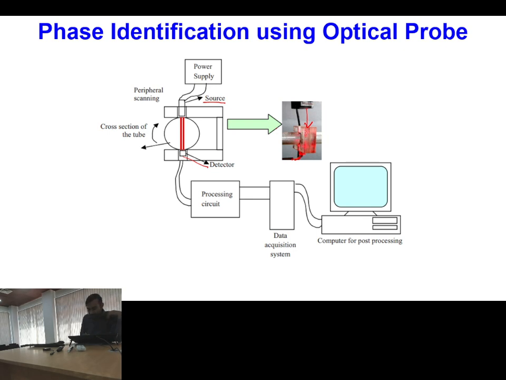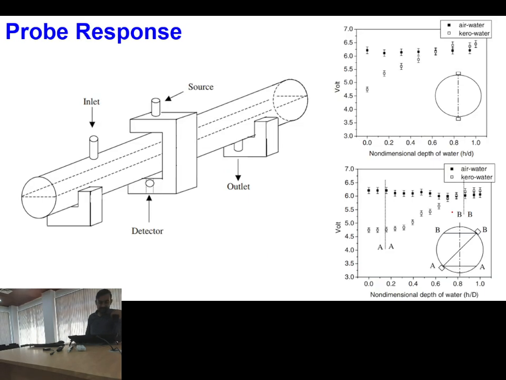Depending upon what we have within the pipe, we will have different signals available. Here you can see the total arrangement used for calibration. In this case you have a tank, and in this tank you have a stationary interface.